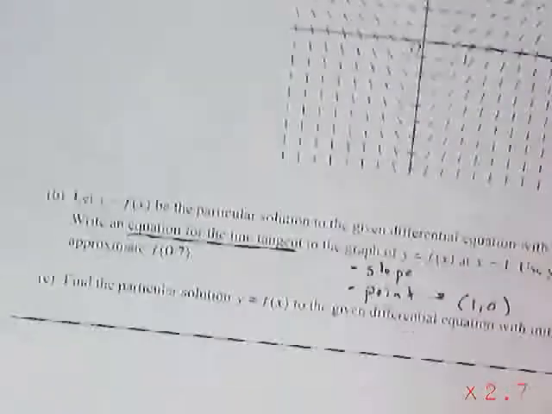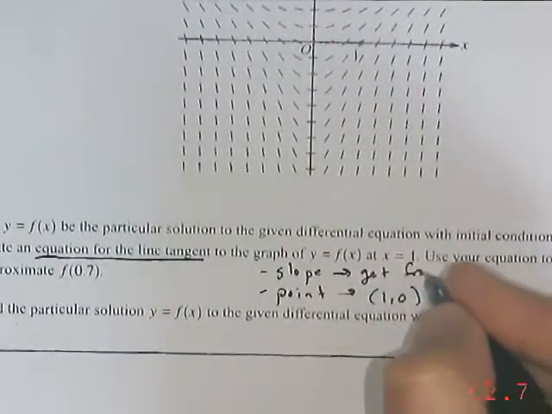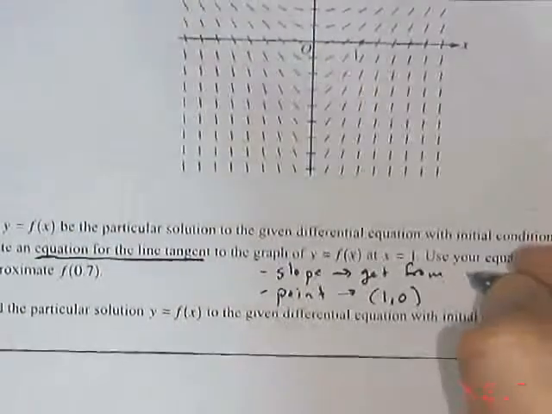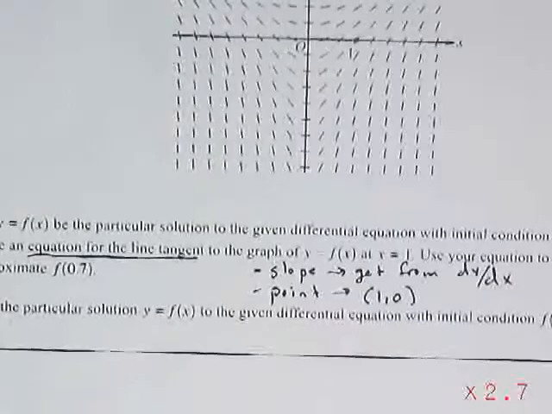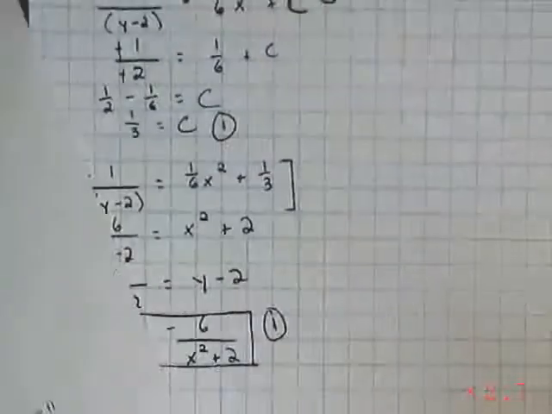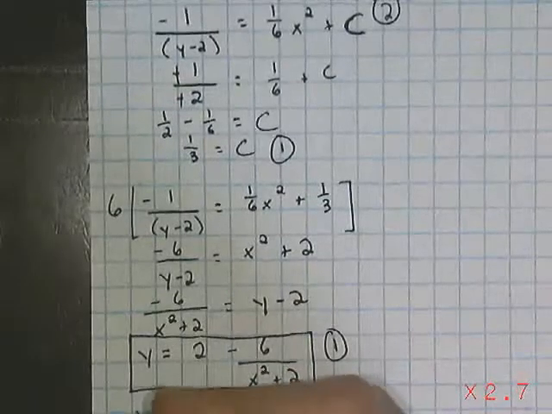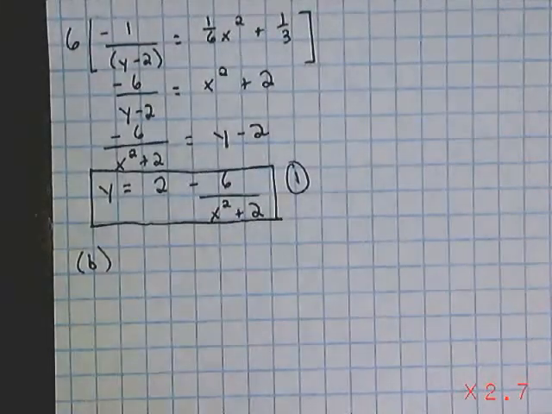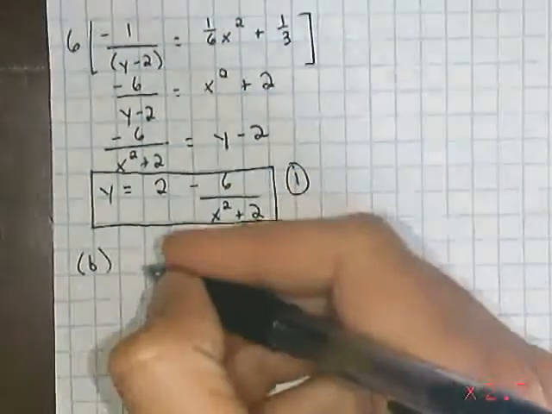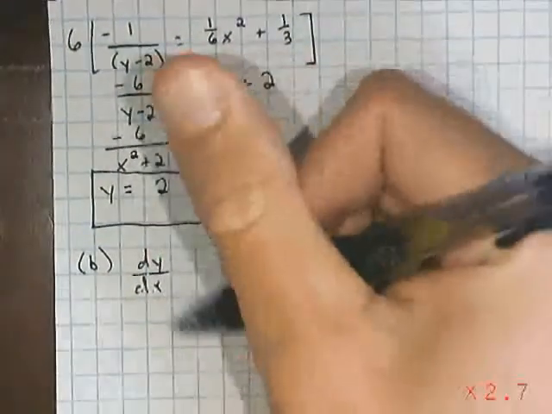So slope we can get from dy dx. Okay, so let's go ahead and do that. Part B. So looking at dy dx, we want it specifically at x equals 1.